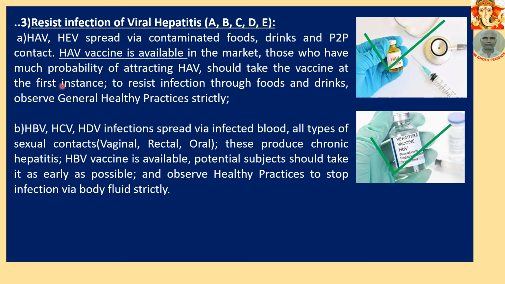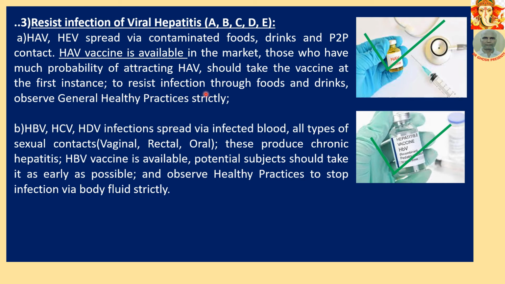Those who have much probability of getting hepatitis should take the vaccine at the first instance. That is, if in your family there is a history of hepatitis, or you know that some of your forefathers or near relatives died of these things, you can take the vaccine beforehand.